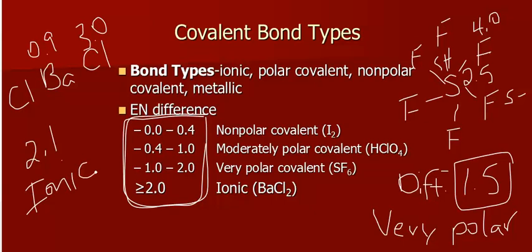With ionic bonds, we don't share electrons. We give electrons away, or we gain electrons. In this case, barium has 2 valence electrons, but it's not going to share electrons with chlorine. It's going to give its valence electrons to chlorine. Now, chlorine will get 8. Barium is going to lose 2, so it will have 8 as well.